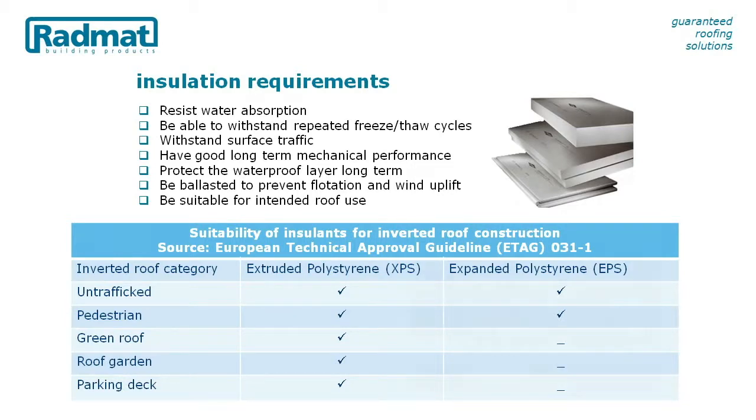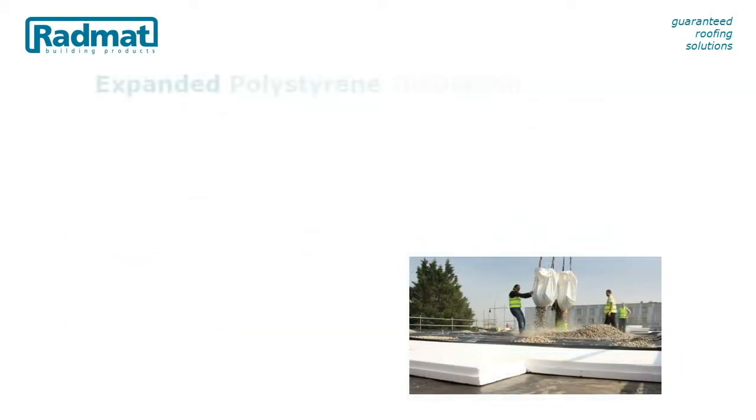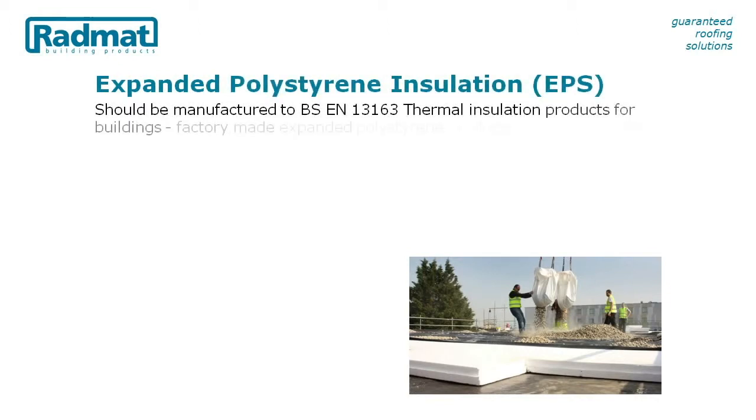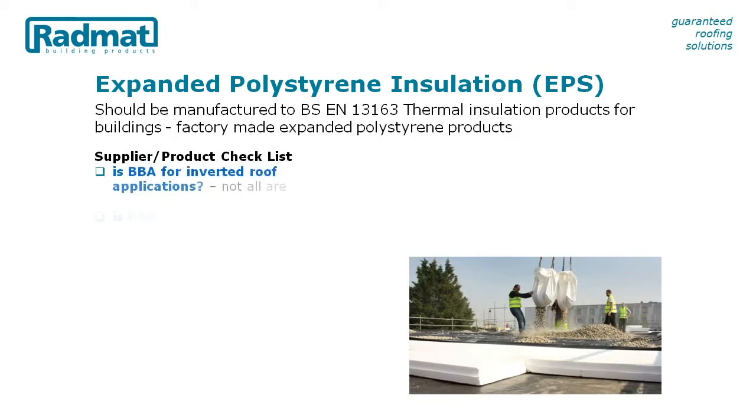Expanded polystyrene insulation, EPS, should be manufactured to BS EN 13163, Thermal Insulation Products for Buildings, factory-made expanded polystyrene products. It was introduced post the millennium after the development of a special grade of polystyrene bead that doesn't absorb water. Supplier product checklist.